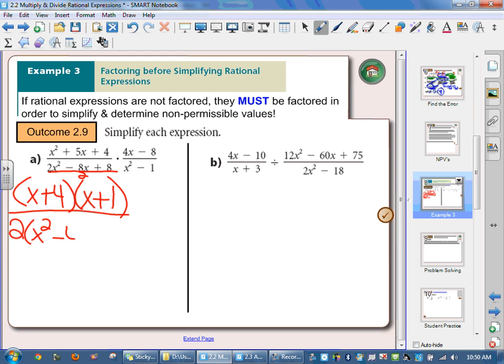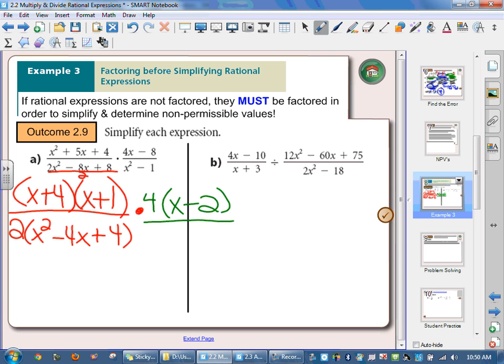And on the right-hand side, what is the common factor in the top that I can divide out? What do they both divide out? 4, good. They both divide by 4. So I'm going to get x subtract 2 on top. And what does the bottom make? What do you notice I can do with the bottom? Square root, good. So I'm going to get x minus 1 and x plus 1.